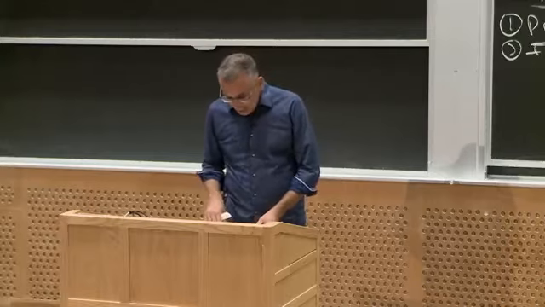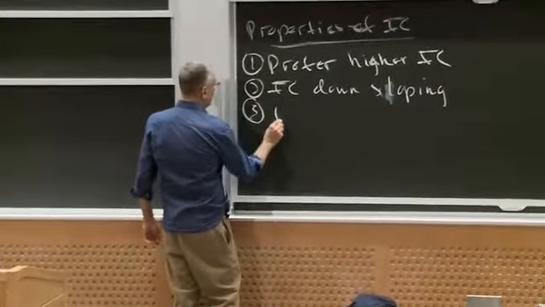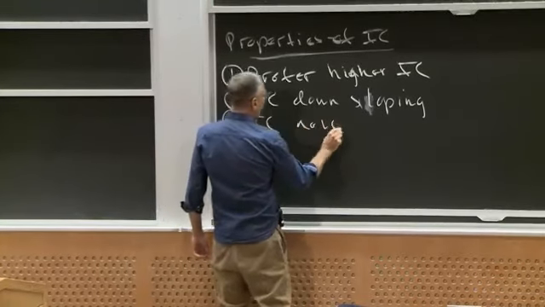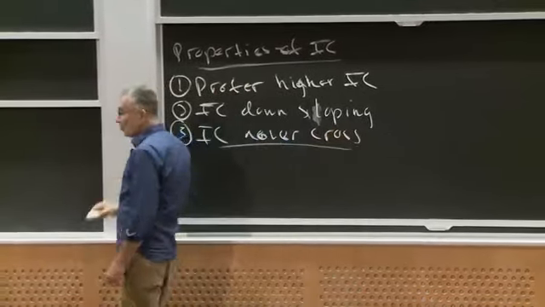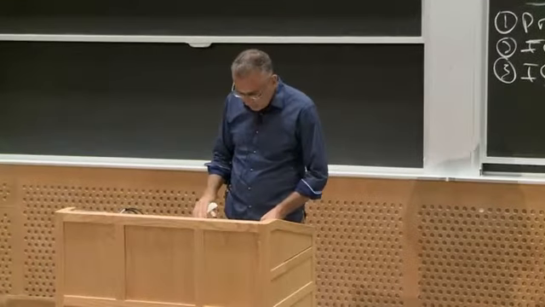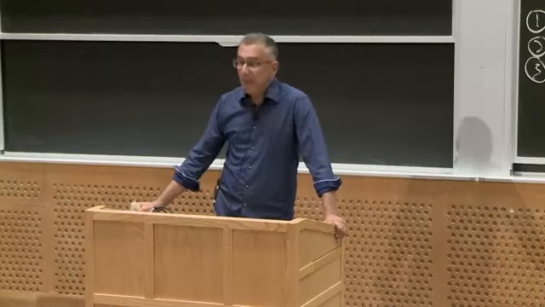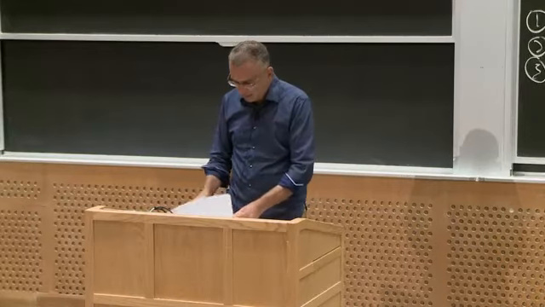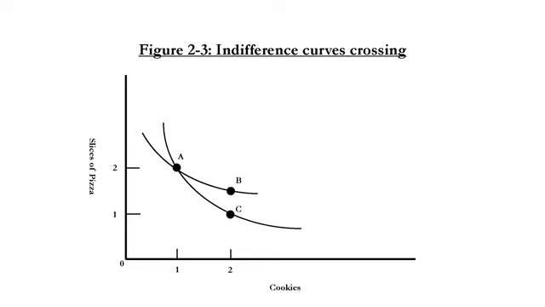Okay? The third is indifference curves never cross. The reason indifference curves can't cross is because that would violate transitivity, and more is better. So let's look at figure 2.3 with crossing indifference curves. Okay?